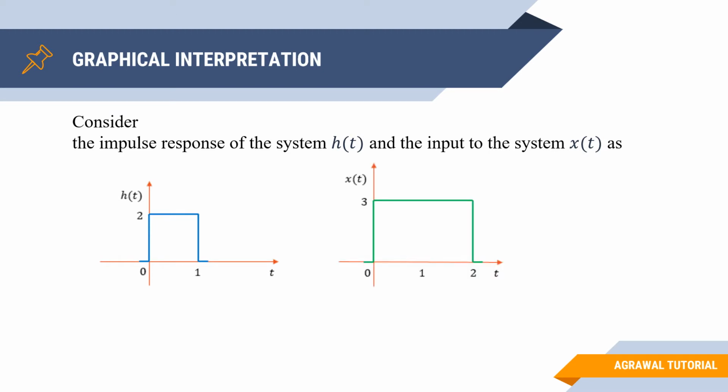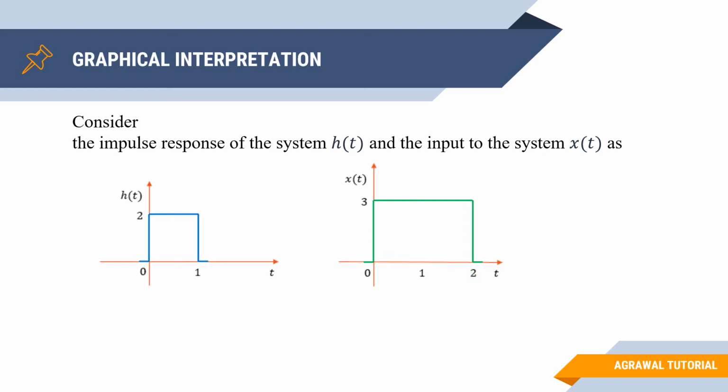Here h(t) is a step function having amplitude of 2 and varying from 0 to 1. Similarly, x(t) is another function having amplitude of 3 and varying from 0 to 2.